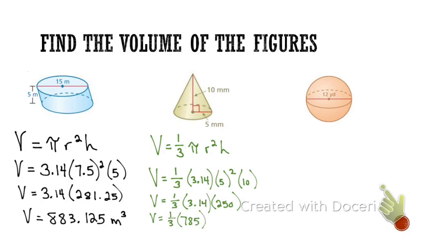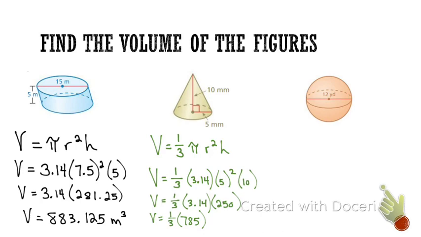Now, if you can dig back a little bit, we've talked about multiplying a fraction times a whole number. And what happens when it's 1 over another number, that means you're simply dividing the whole number by whatever the denominator is. So if it's 1/3 of 785, that means you're dividing by 3. If it was 1/4, then you're dividing by 4. Your directions on your test, I believe, will either say to round to the 10th or to round to the whole number.